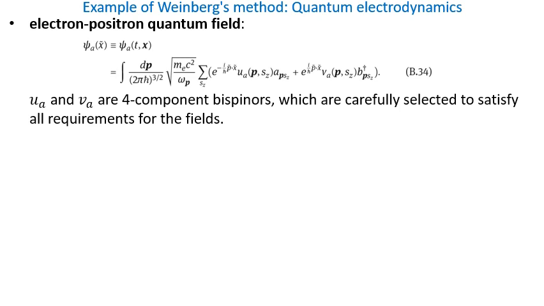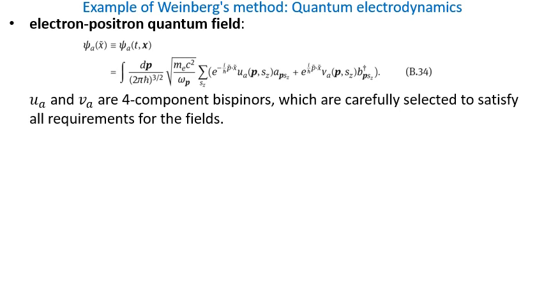Here A are annihilation operators for electrons, B dagger are creation operators for positrons, U_a and V_a are specially selected four-component numerical functions. After summation over two spin components and integration over momentum, we obtain a four-component operator function defined on the Minkowski spacetime.